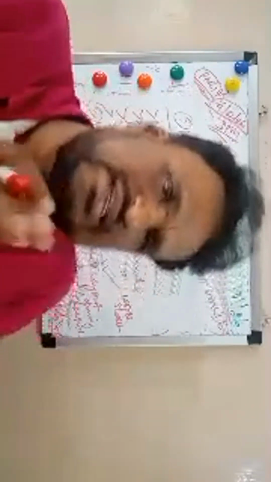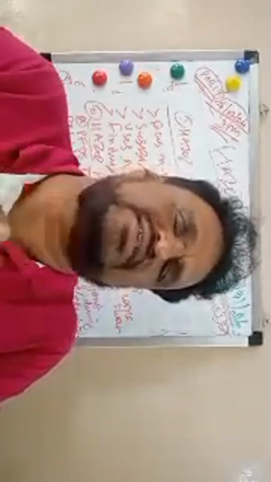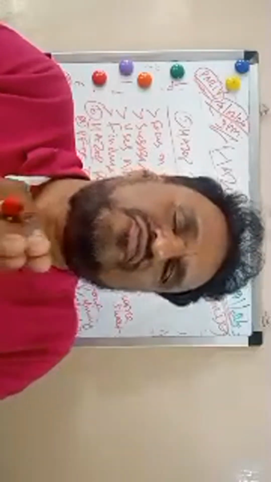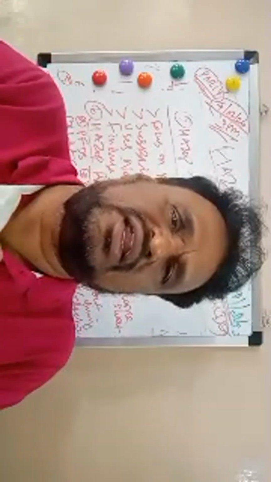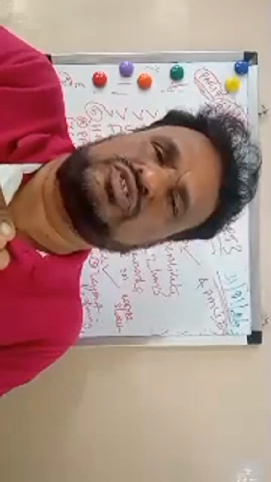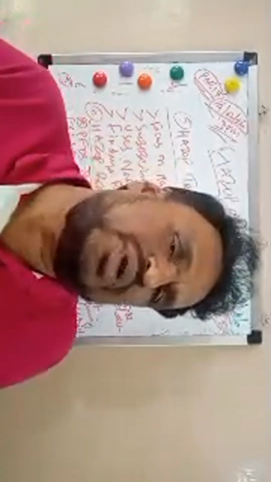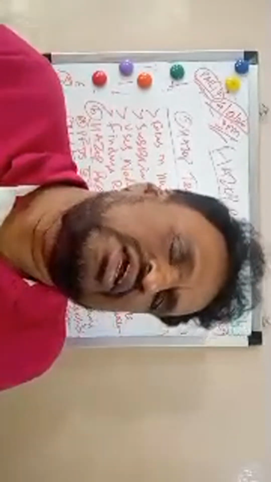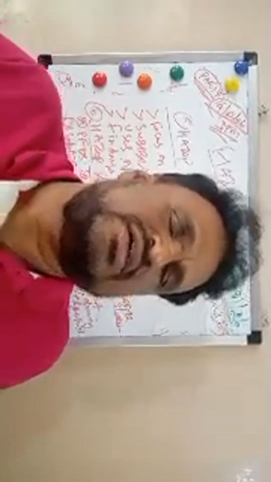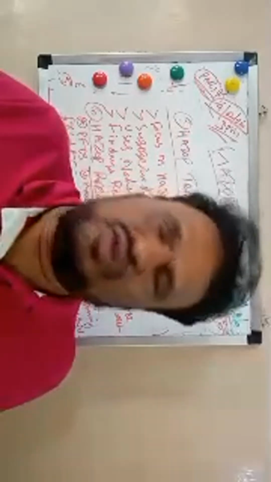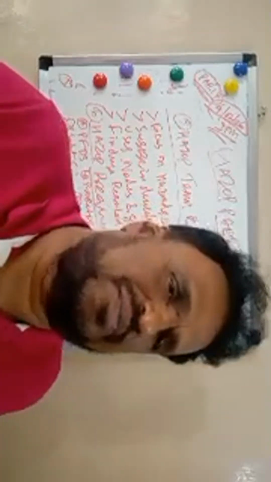So what is HAZOP? HAZOP is finding the hazards and finding the operation design issues, any design abnormalities, operability issues. That's what we have to find out. For that only you have to have this HAZOP.